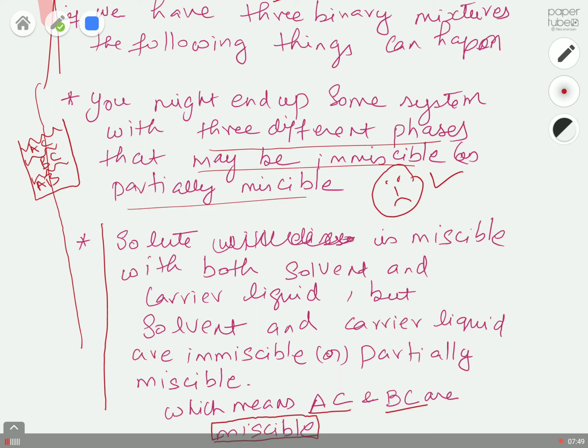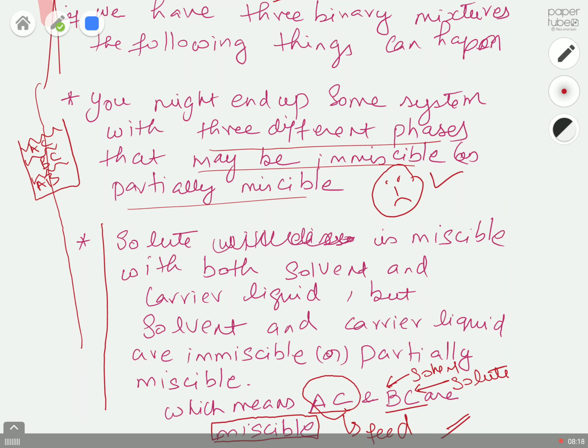You all know what A is: A is your carrier liquid and C is your solute, so this is nothing but your feed material. And then B and C: B is your extracting solvent, and C is the target compound that we want to remove from the feed mixture. So this is your solute.